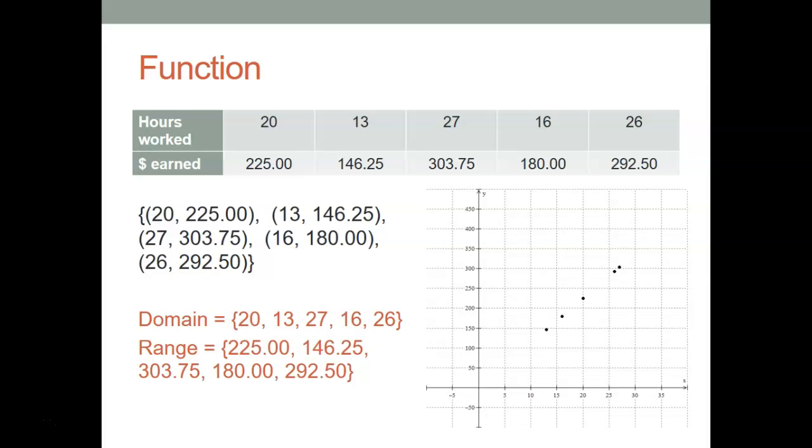All numbers of hours. And the range would be the set made up of all of the second coordinates. 225 and 146.25 and 303.75 and 180 and 292.50. Those are all dollar amounts.